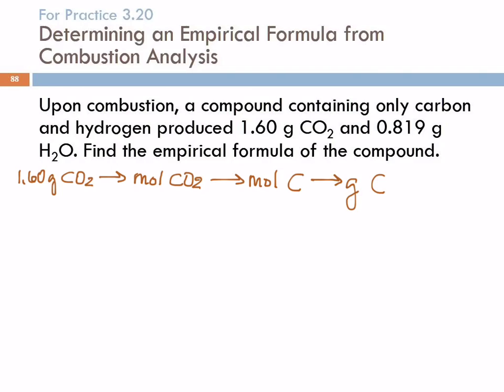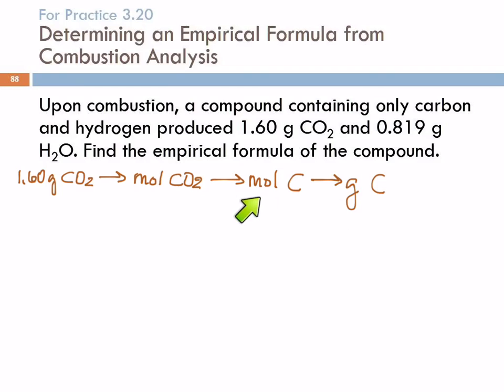I knew something was not quite right. So let's think ahead. What did we do with mass of carbon to find the empirical formula before? We started with the mass of carbon, and the next step was converting it to what? Converting it to moles.